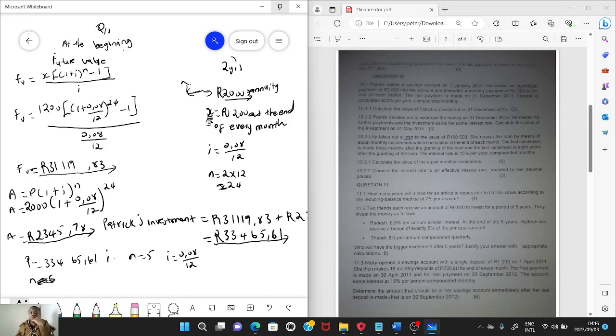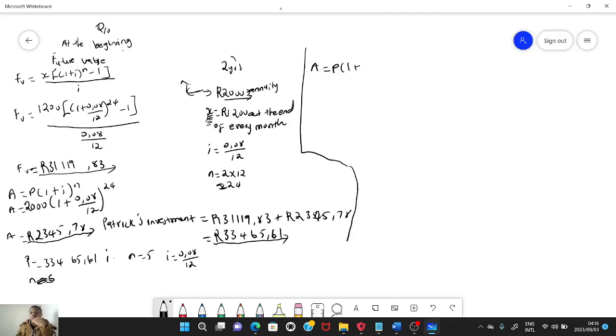Because of the word compounded, we use compound interest: A equals P times 1 plus i, to the power n. Our P is 33,465.61, into 1 plus 0.08 divided by 12, all to the power 5.